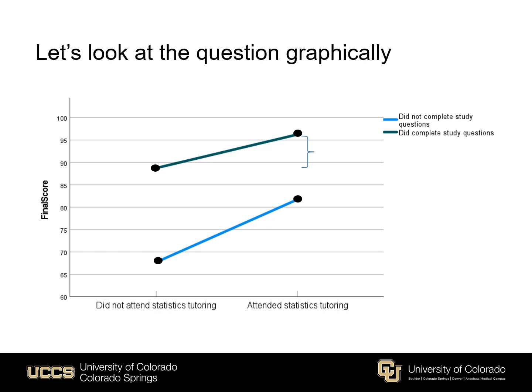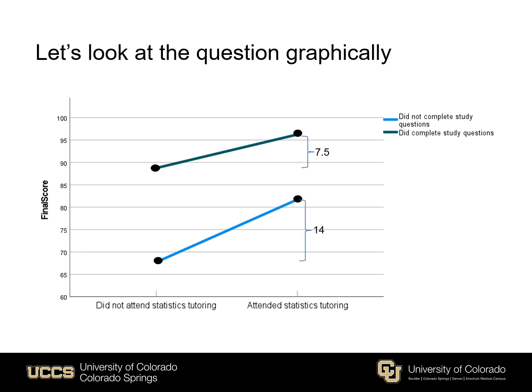Let's start by looking at the green line, which is the line for the did complete study questions group. I've entered a vertical bracket here as the vertical rise of that line, which looks like it goes from just under 90 to just over 95, perhaps a vertical rise of about 7.5 points.